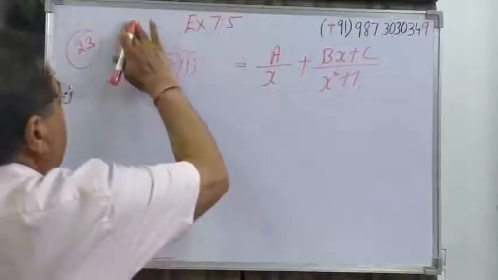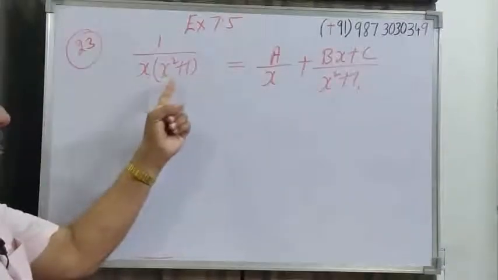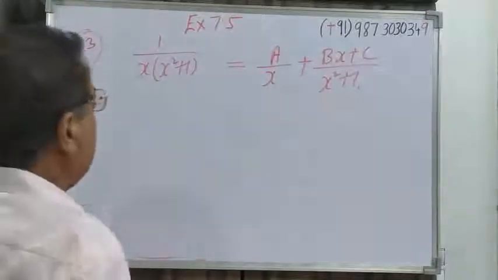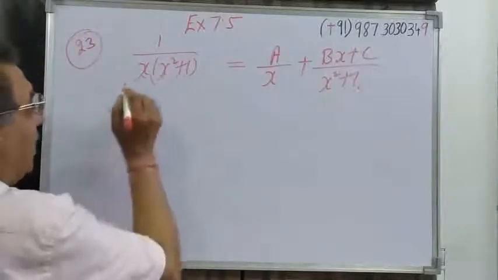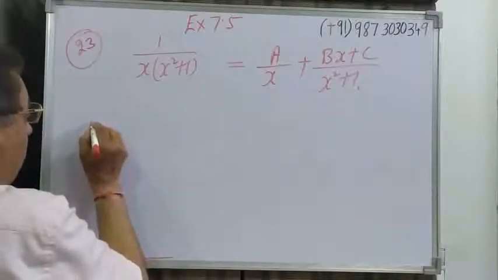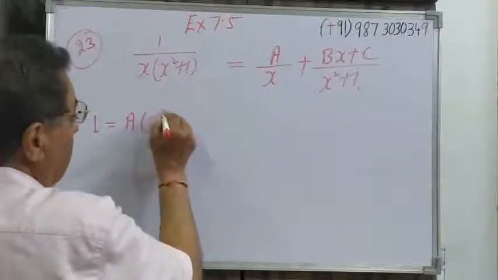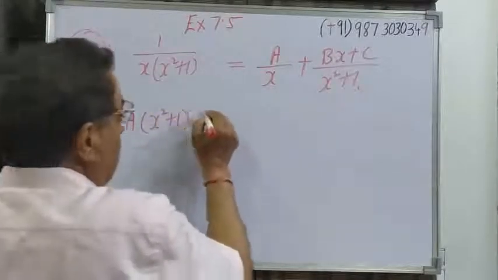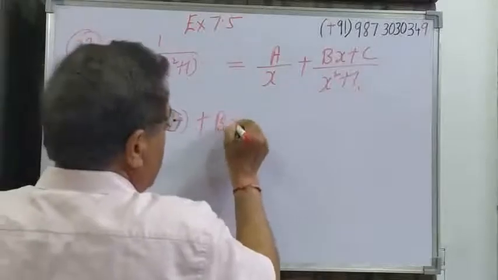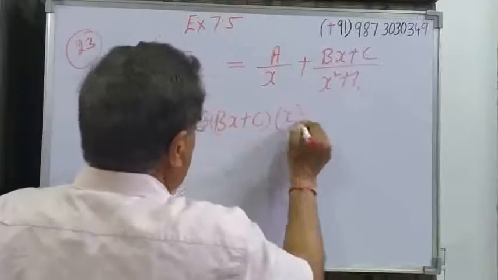Now, first of all, resolve this question into partial fractions. So what I'll do is multiply both sides by x into x square plus 1. If we multiply both sides with x into x square plus 1, what will we be getting here? 1 on this side, a into x square plus 1 plus bx plus c into x.